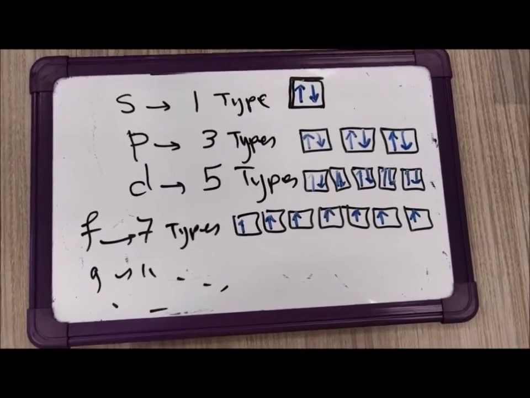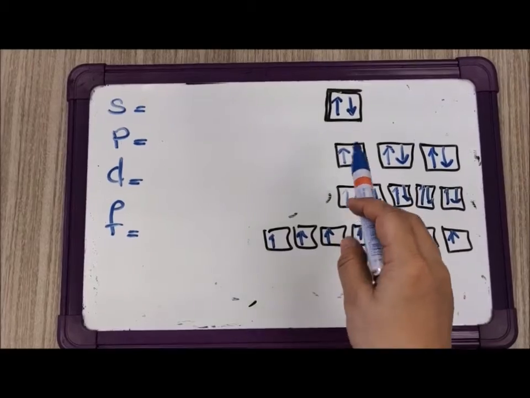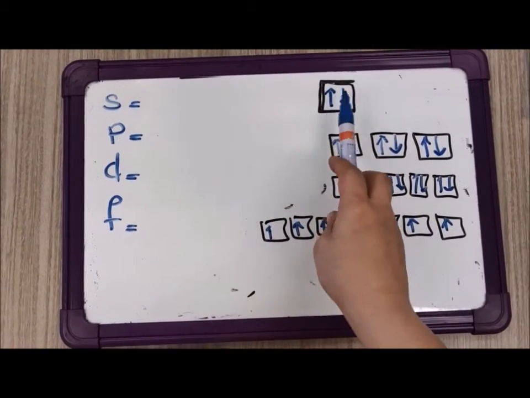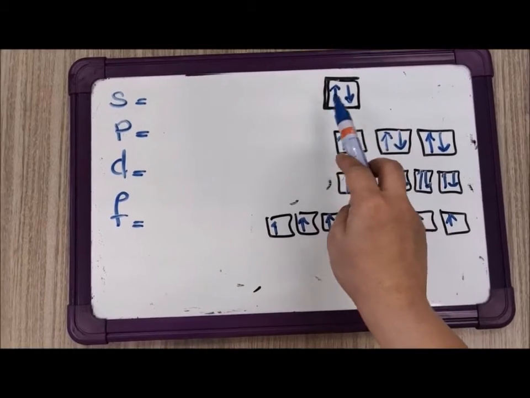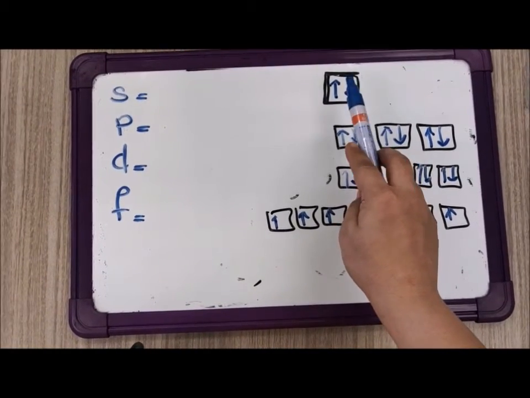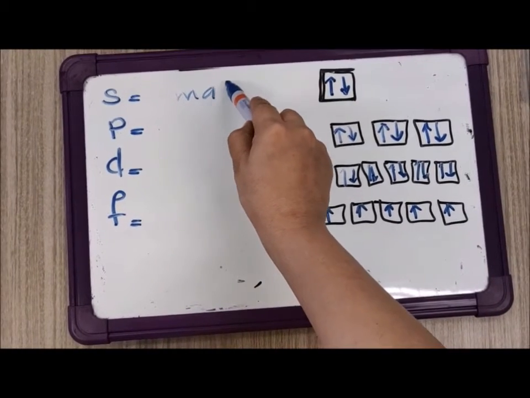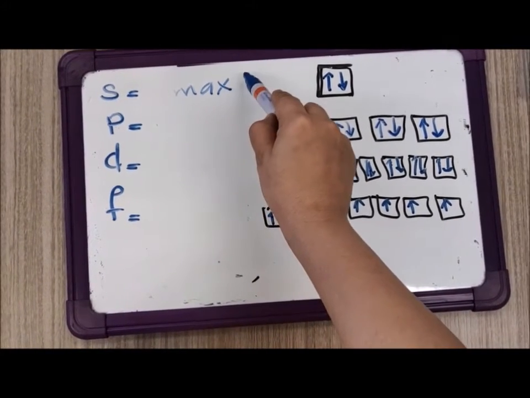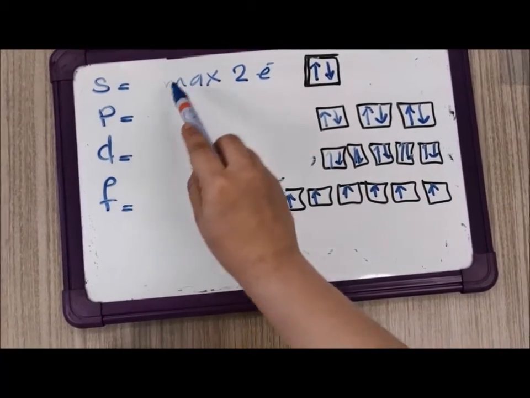Okay? So look at these orbitals. How many orbitals do we have in the S? We have 1 orbital, one square box, 1 type of the S orbital. How many maximum electrons can we put in it? The maximum number of electrons that the S orbital can have is 2 electrons. How about the p orbital?